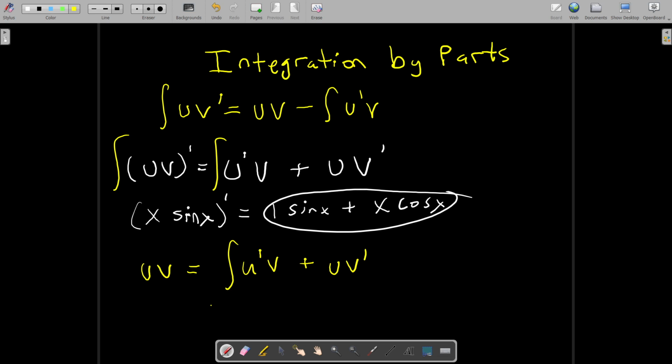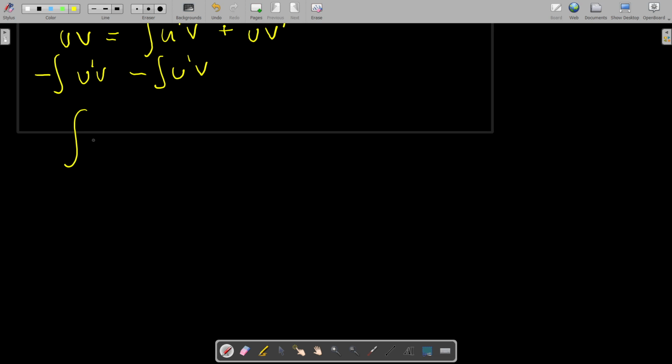We can subtract this on both sides, and what we'll end up with is the integral of uv prime equals uv minus the integral of u prime v. So that's basically how we come to this formula.